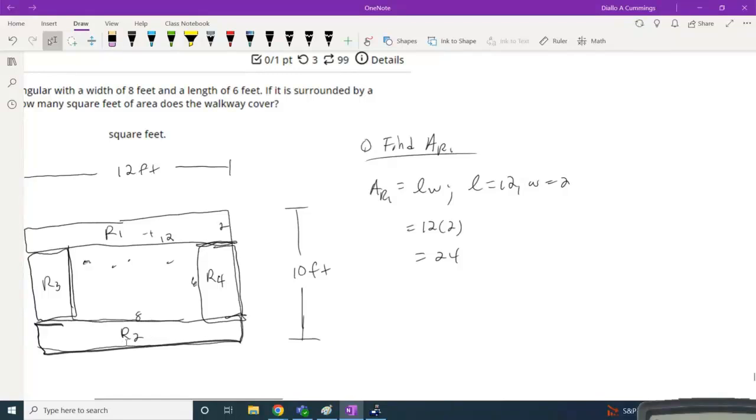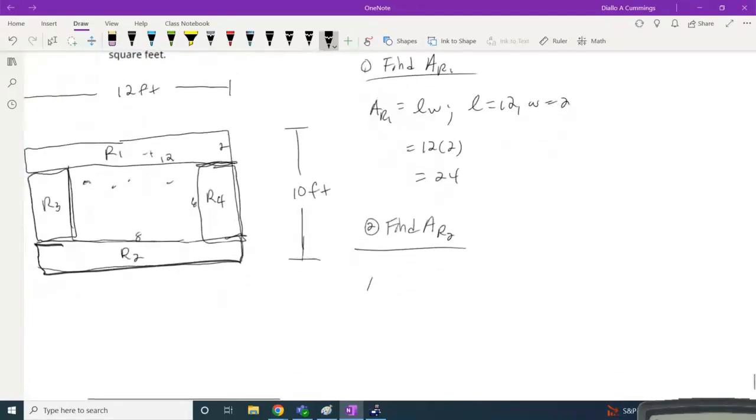The same thing is true for the area of rectangle 2. To find the area of rectangle 2, I'm going to use the area formula for a rectangle. That's the length times the width. The length is going to be 12.